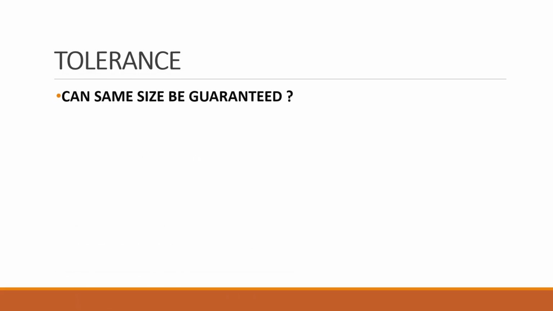Now, when we talk about tolerance, the question always comes up in production whether the same size can be guaranteed. Everything is the same, all production parameters are the same, but can one guarantee the same size?